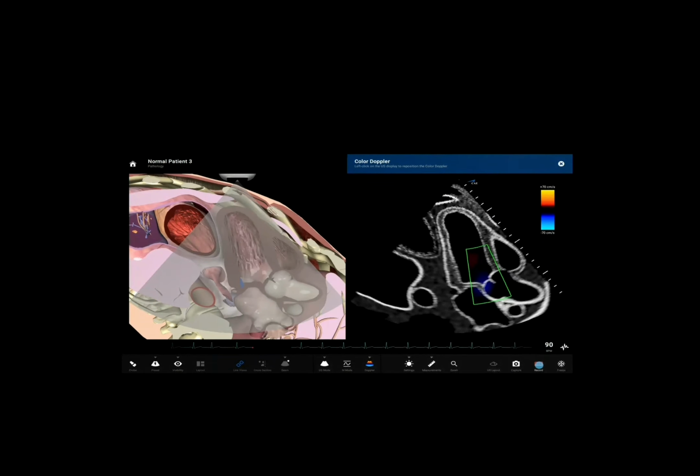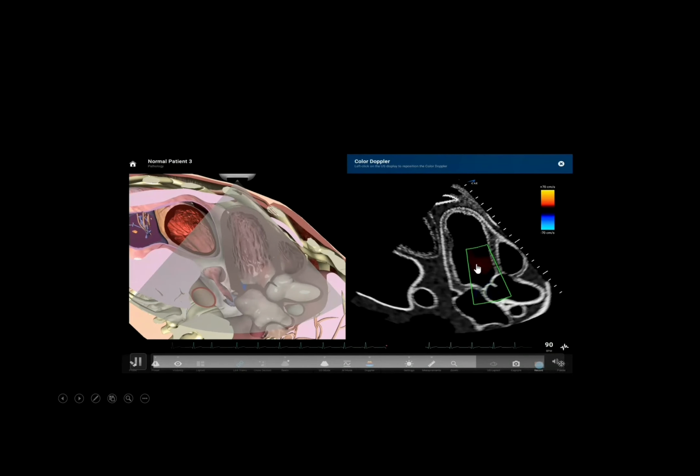And this is the 3-chamber view. You can calculate the VTI and assess the aortic valve function in the 3-chamber view as well as your 5-chamber view.